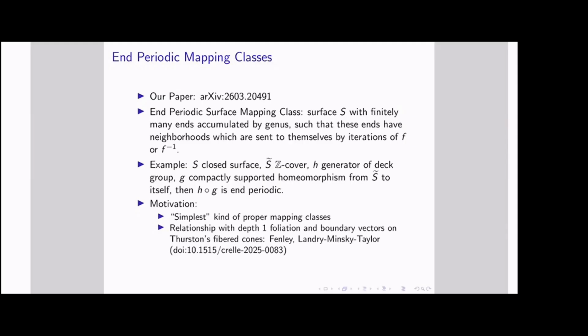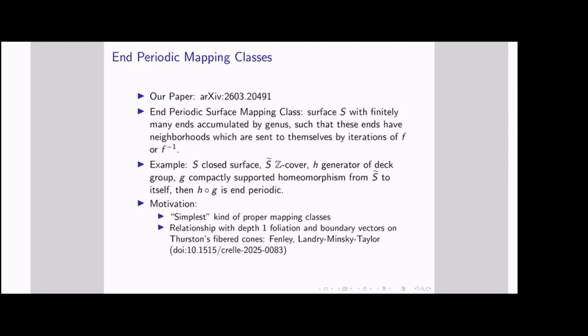So the end-periodic mapping classes are just a much smaller family among all the proper mapping classes, for which one can build a more or less complete theory. So what's the definition?